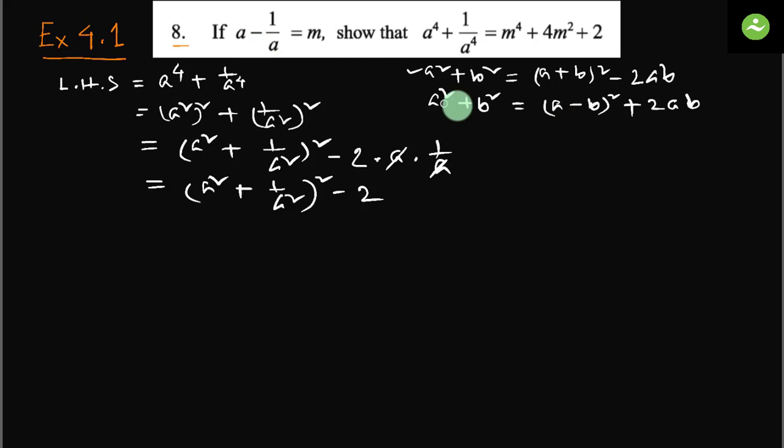There is a minus, so I think we should go for this formula and get the value (a minus 1 by a) whole square. I am writing the quantity inside: a square plus 1 by a square equals (a minus 1 by a) whole square plus 2ab.